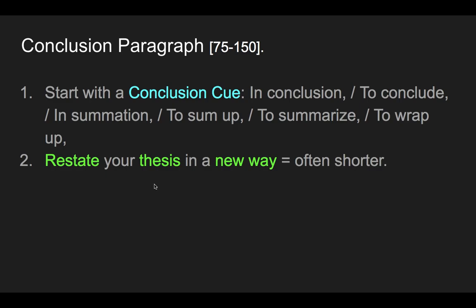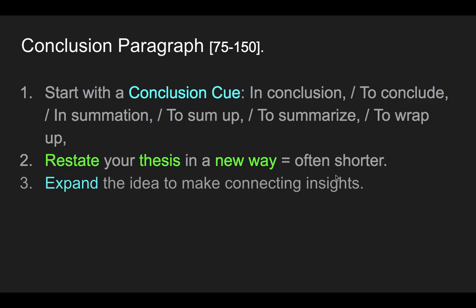Then the first sentence that comes after that concluding cue should restate your thesis in a new way, often in a shorter way. Often you don't have to include the guiding list because the reader knows those ideas have already been fully established, right? Then, and this is the trickiest part, you try to expand that idea out and make connecting insights to a larger relevance or a larger significance.